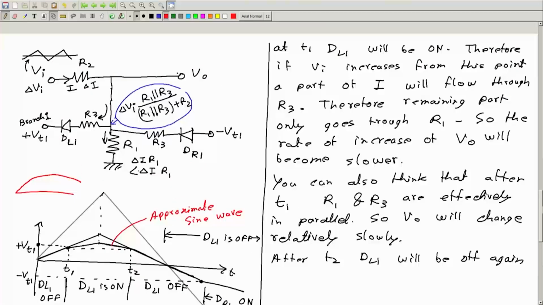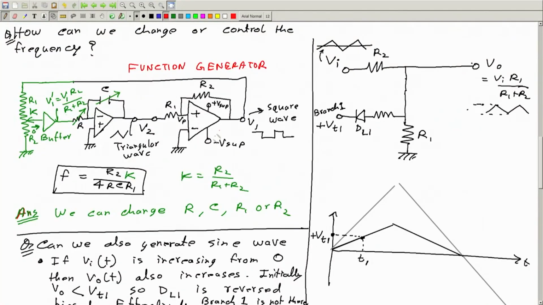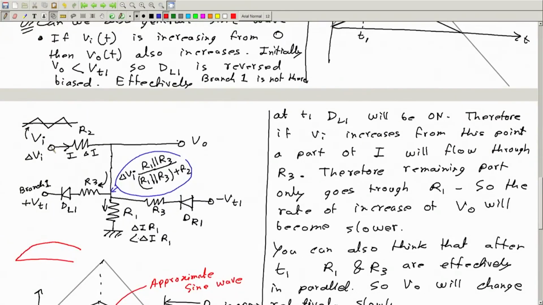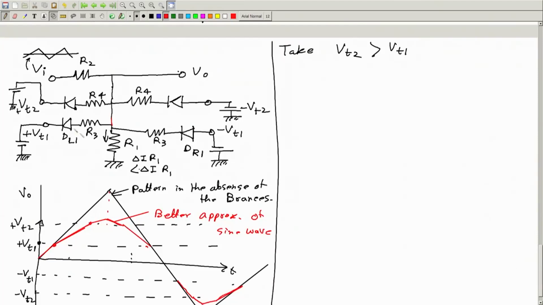In our function generator, we had a triangular wave generator. So you can take this triangular wave and connect it to this circuit, which generates a piecewise linear approximate sine wave, and you can filter it if you like.